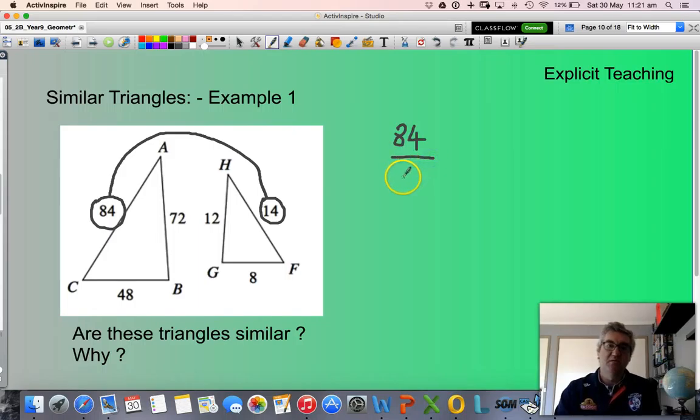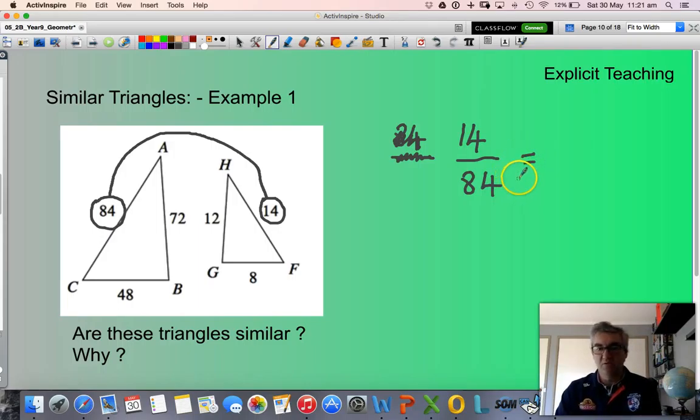I'll go the other way, sorry: 14 divided by 84 will equal a specific ratio.